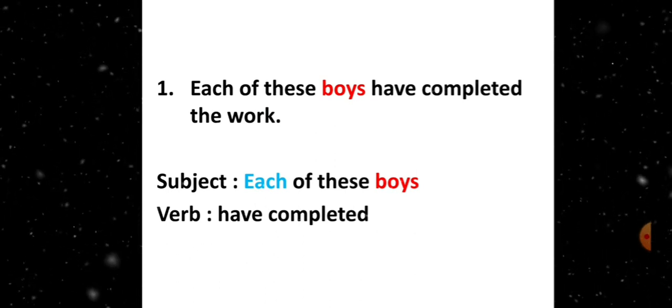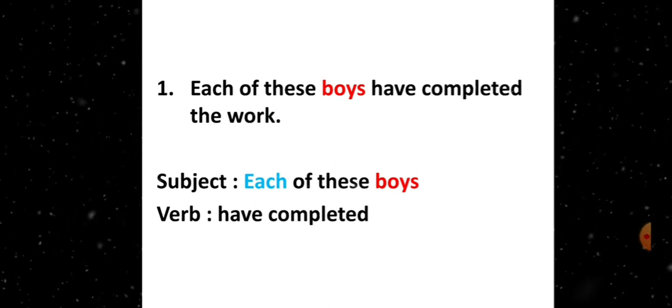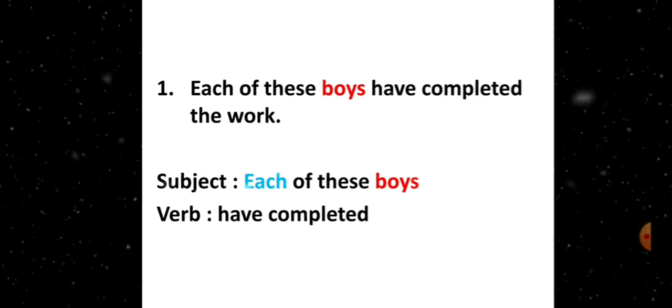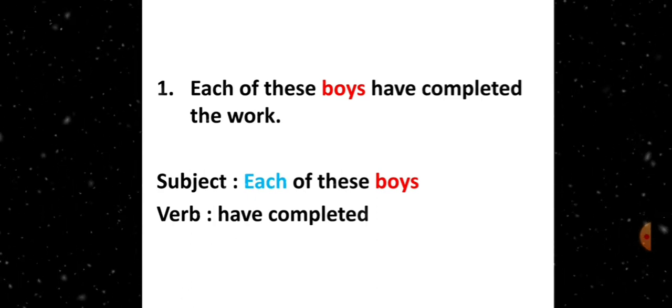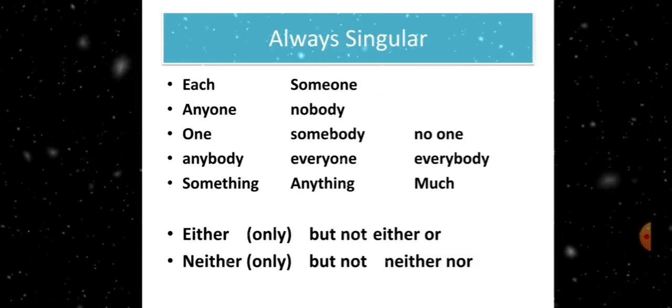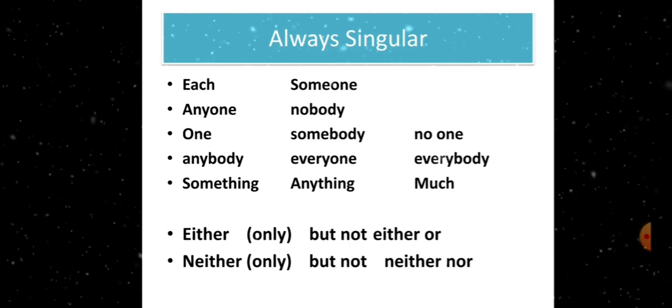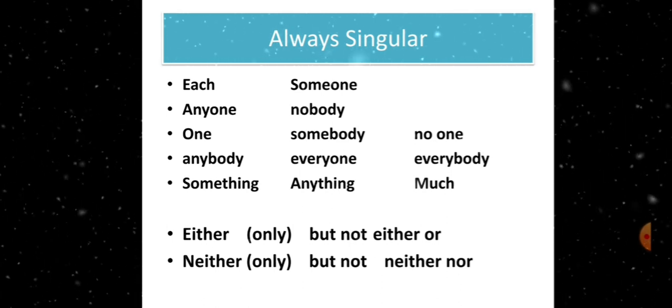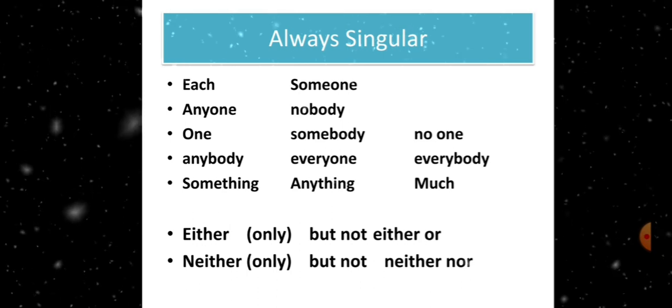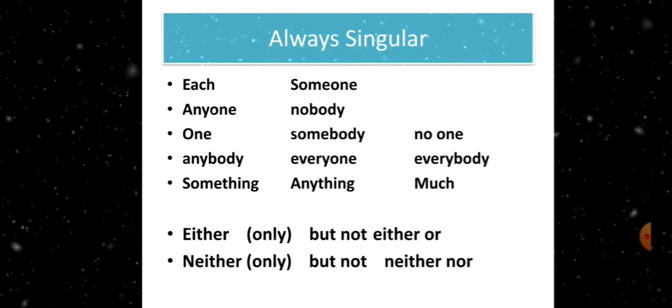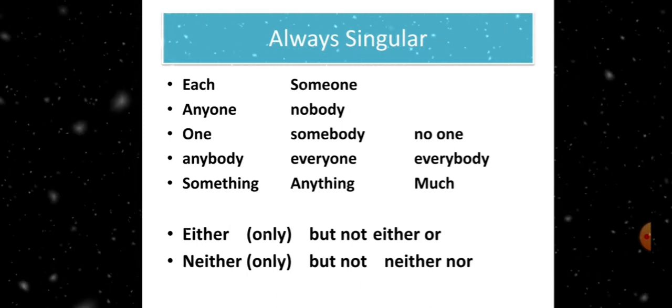Now you need to decide whether this part is singular or plural. Is it singular or plural? Boys is basically a plural noun. But remember, I told you here in this list you can see each, right? I told you that these pronouns should always be used as singulars. Each is always used as singular.